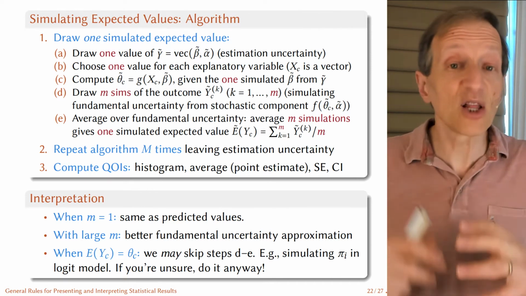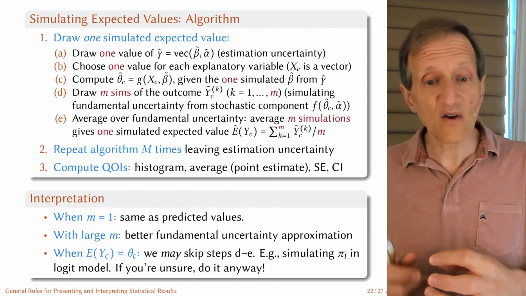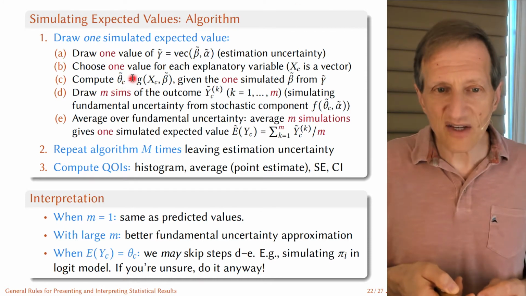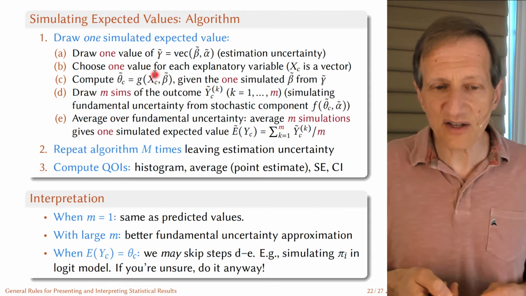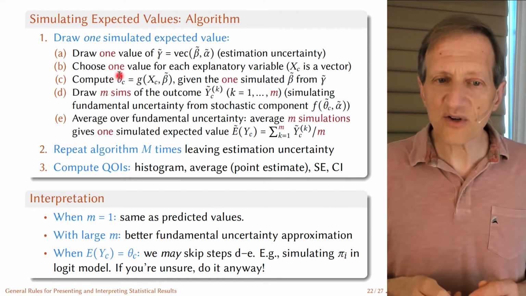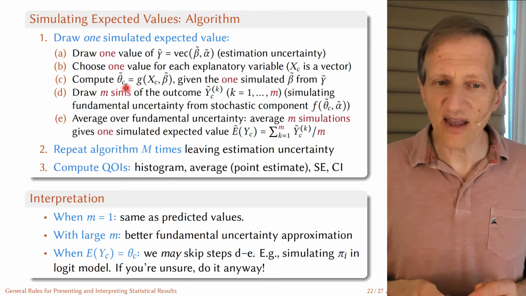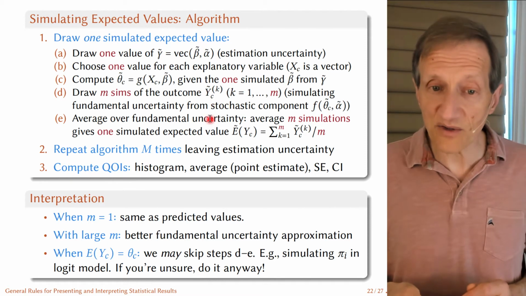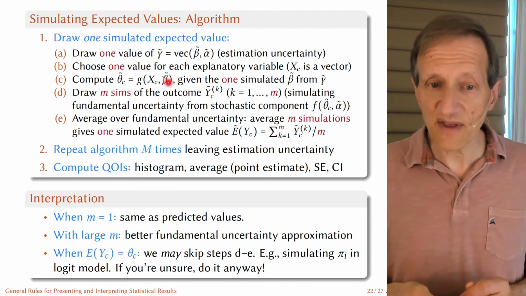So for example, in the logit model, in this step here, this is a pi in the logit model, and this is 1 over 1 plus e to the minus x beta. In that case, we have simulations of pi. We could go another step, which is not necessary, but we could go to steps D and E by simulating y, which is a bunch of zeros and ones, from the model with this pi.